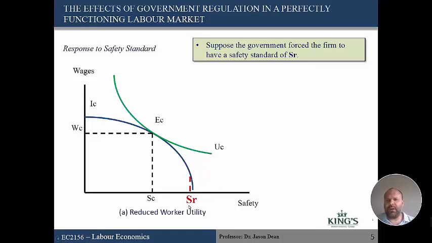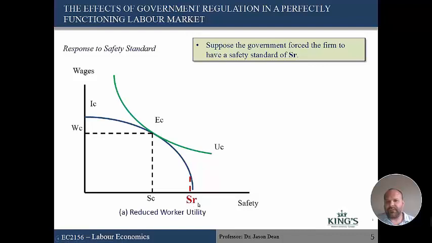In our model, which is quite realistic, we assume that workers get utility not only from safety but also from wages. This person here was not willing to choose SR on their own.